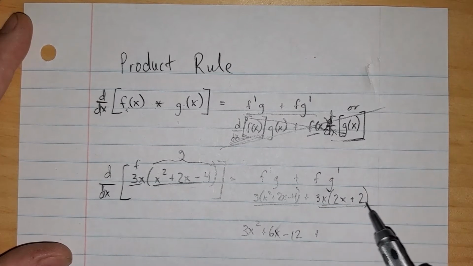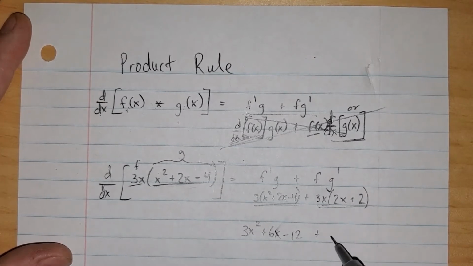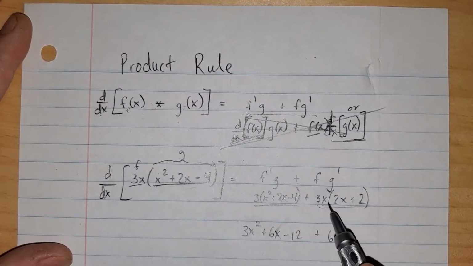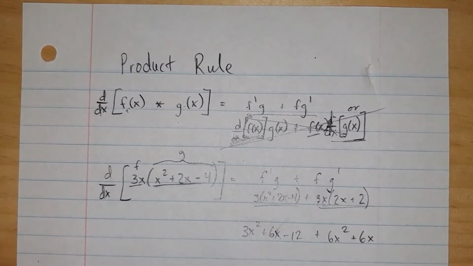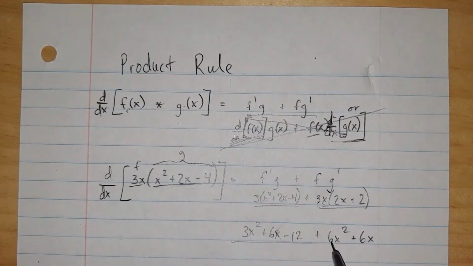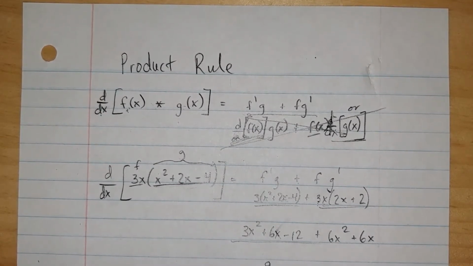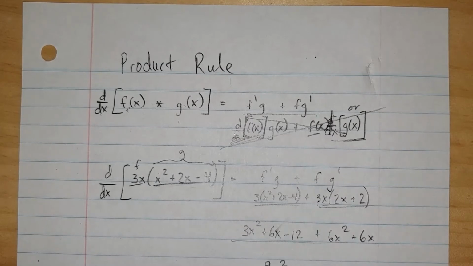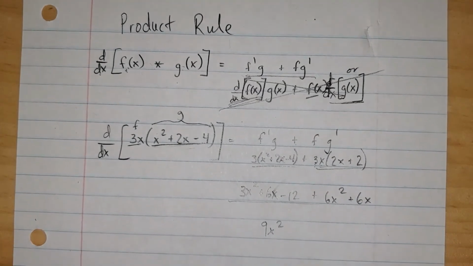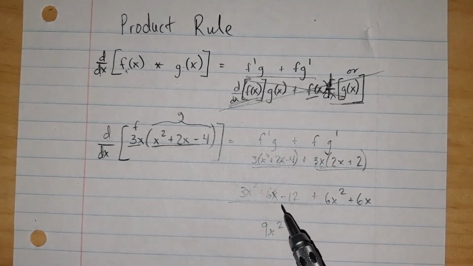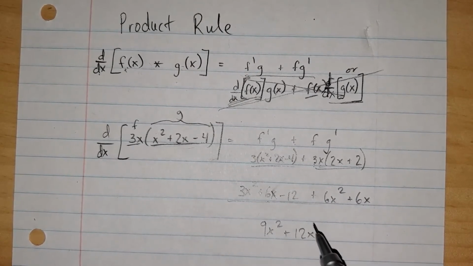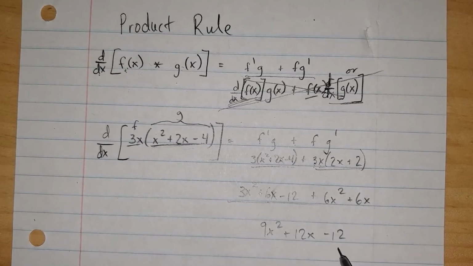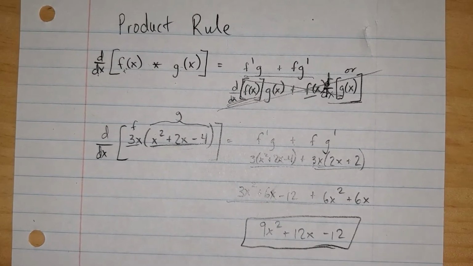And then if I distribute here, 3 and 2 makes 6x squared, and that's going to be plus 6x. Now, combine like terms, we'll get our final answer. So 3x squared and 6x squared makes 9x squared, and then 6x and 6x makes 12x, and then minus 12. Okay? And that's our final answer.